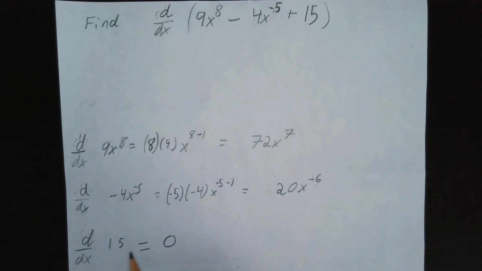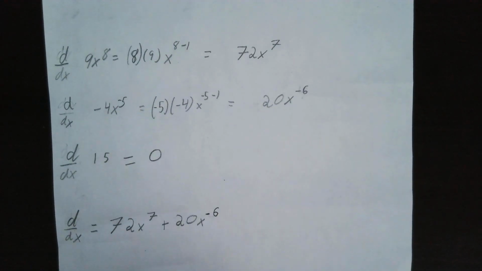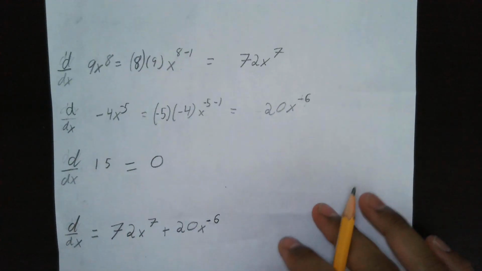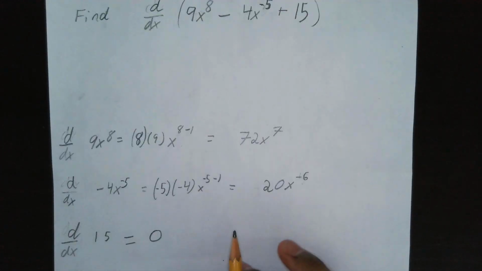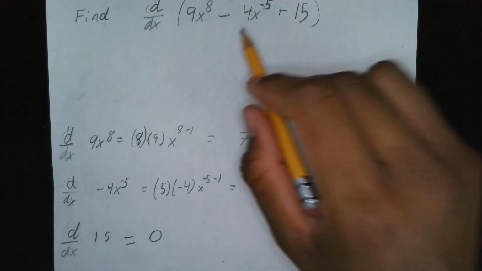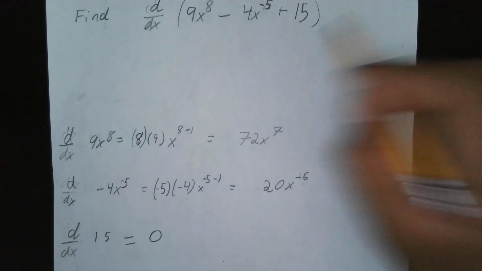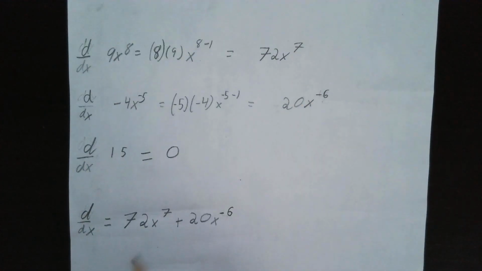The derivative of any constant with respect to any variable is always going to be 0. So the derivative of 9x to the power of 8 minus 4x to the power of negative 5 plus 15 is going to be equal to 72 times x to the power of 7 plus 20 times x to the power of negative 6.